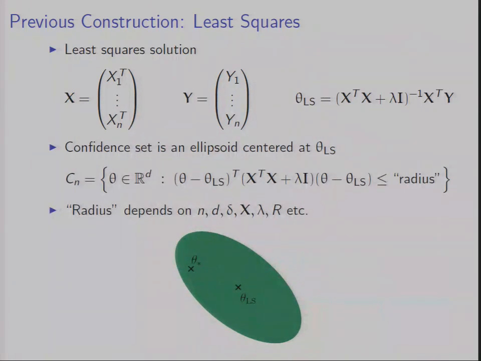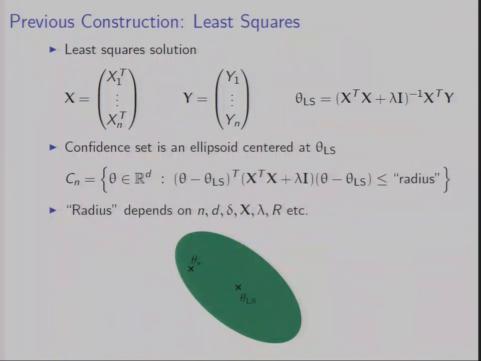And what people prove are bounds on the radius of this ellipsoid. And the radius can depend on many things. In particular, it depends on the dimension, on how much data you have, on the confidence parameter, on how much noise there is, on the regularization parameter, and so forth.